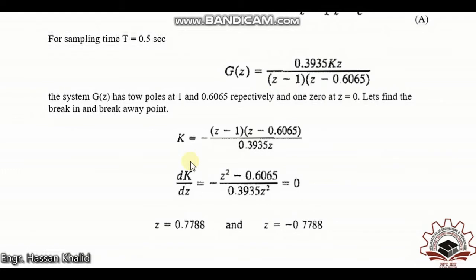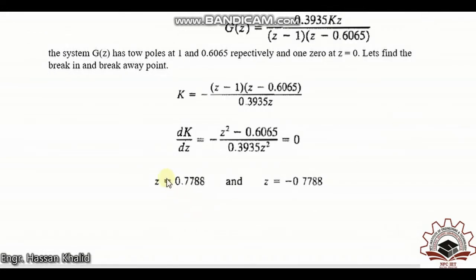So arranging it to evaluate K, we transfer it to the closed loop characteristic equation 1 plus KGH equal to 0, and differentiate it with respect to z. We will have these two values of z, 0.7788 and minus 0.7788. One of them will tell us the break-in point, the other the breakout point of the K.